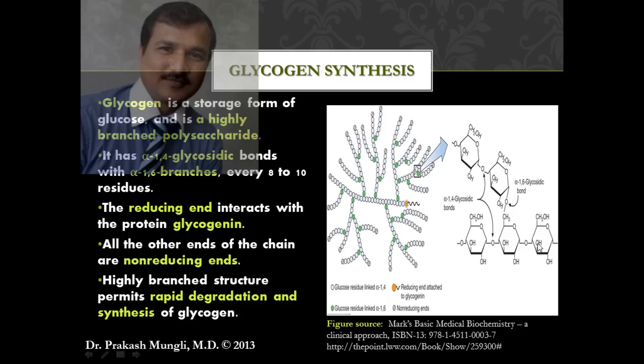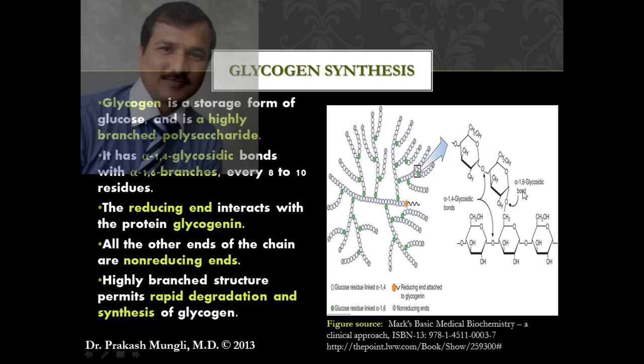The other type of glycosidic bond that you are going to see in glycogen is the alpha 1,6 glycosidic bond. You find this bond in glycogen wherever there are branch points. Here is the branch point in a glycogen. Consider this a linear structure, and a branch is inserted here, where a glucose molecule is attached to another glucose molecule, creating a branch point by an alpha 1,6 glycosidic bond.